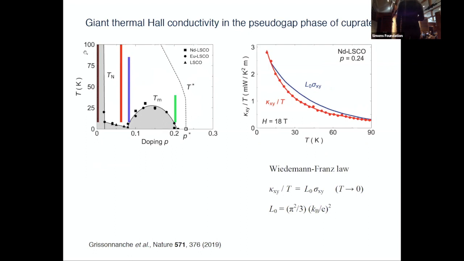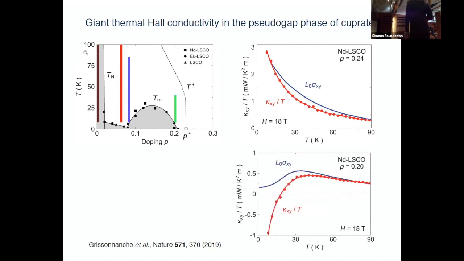It's positive, and it rises. If you compare with the expectation from the Wiedemann-Franz law, L0 sigma_xy, you see that it's very, very similar. In particular, they match at low temperature, as you would expect of a metal. So in other words, everything is completely expected and normal at that doping.